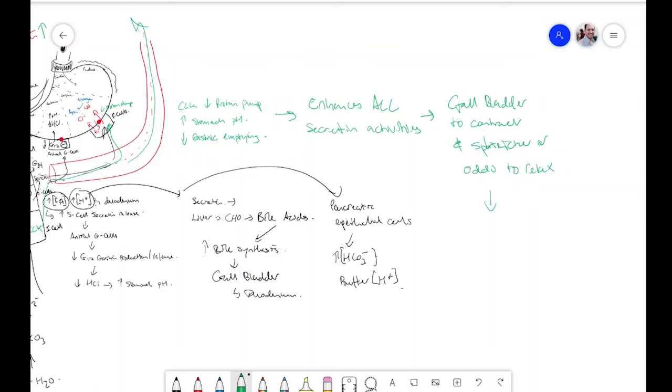And what does that do? More bile in the duodenum. Lush.